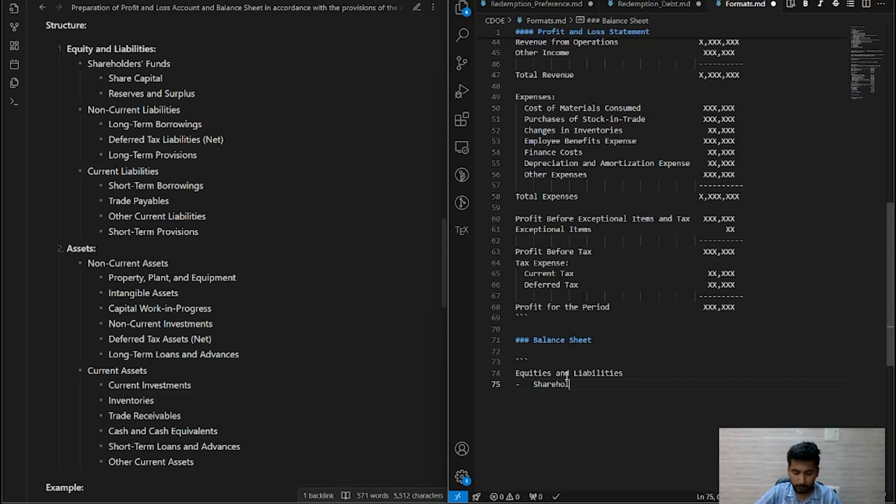Which is the shareholders' funds, which will be the share capital first and reserve and surplus.